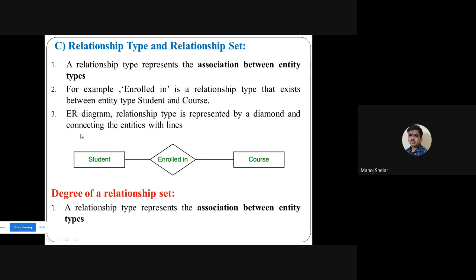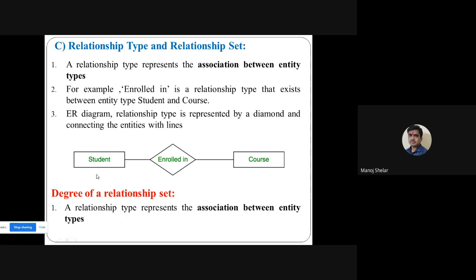Then relationship type and relationship set. A relationship type is an association between two or more entities or entity types. Suppose there are two entities and some linking between them; here we use relationships. For example, enroll in is a relationship type that exists between the entity types student and course.